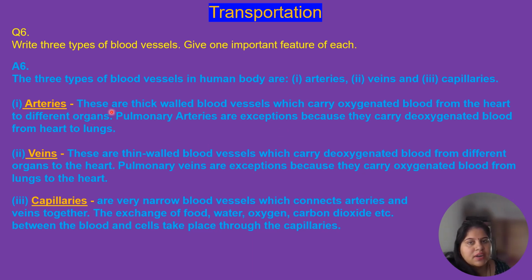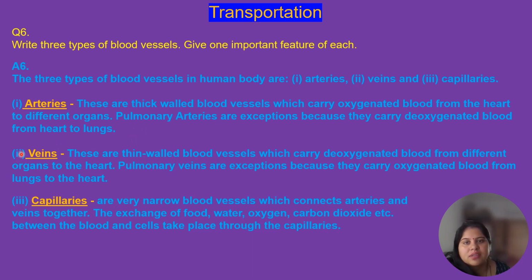This is the definition of arteries, and generally arteries transport oxygenated blood, but there is one artery which is an exception, the pulmonary artery. It carries deoxygenated blood from the heart to the lungs. This is the exception. You need to just concentrate here.